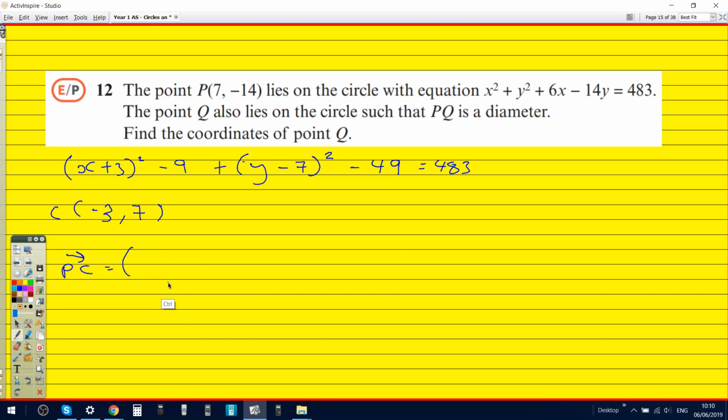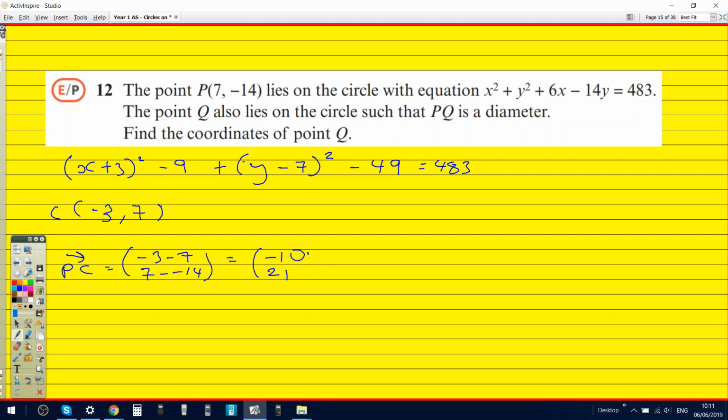So to get from point P to the centre, minus 10 in the x, and we add 21.